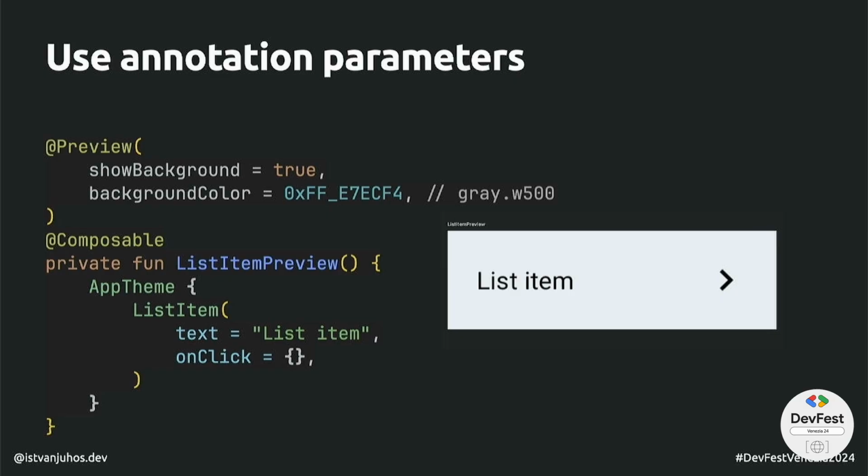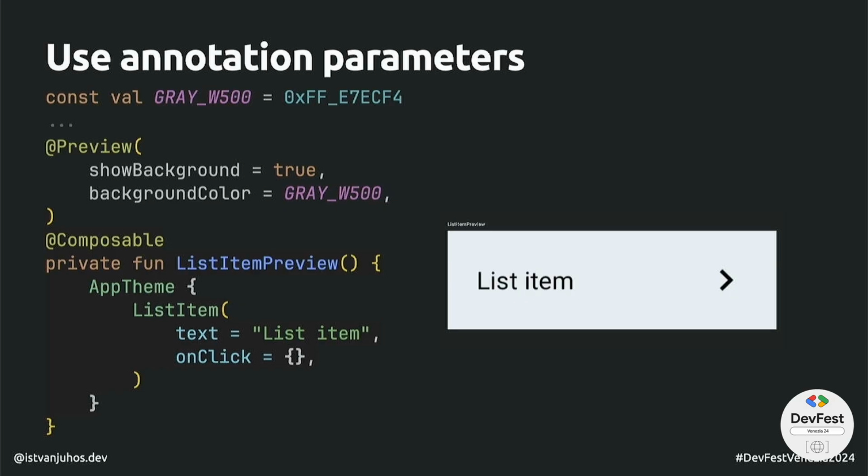A better thing that we can do is use one of our already defined compile-time constants from our color system. Probably everyone has these color definitions in their project, so we can just reuse them in our preview backgrounds, or in the preview annotation parameters. Great if you have these. If you create a new Jetpack Compose or Compose Multiplatform project, these are there, so you can use them.